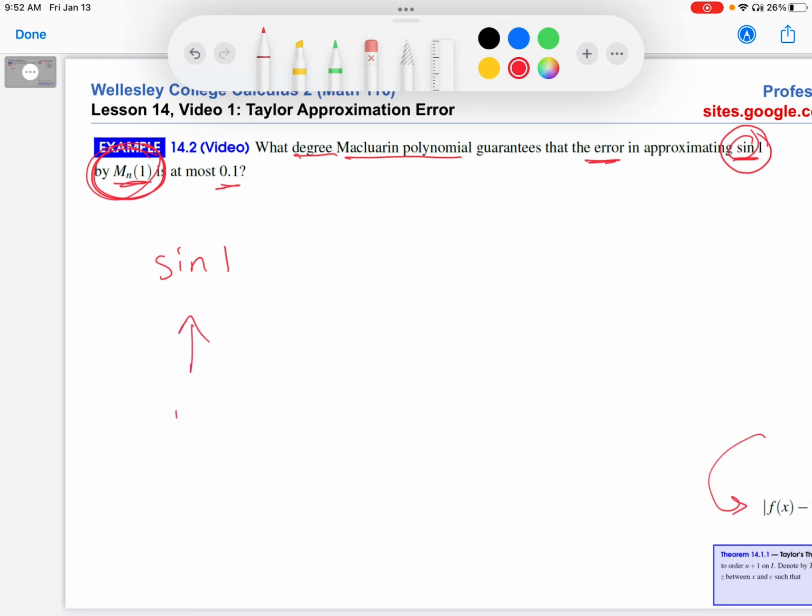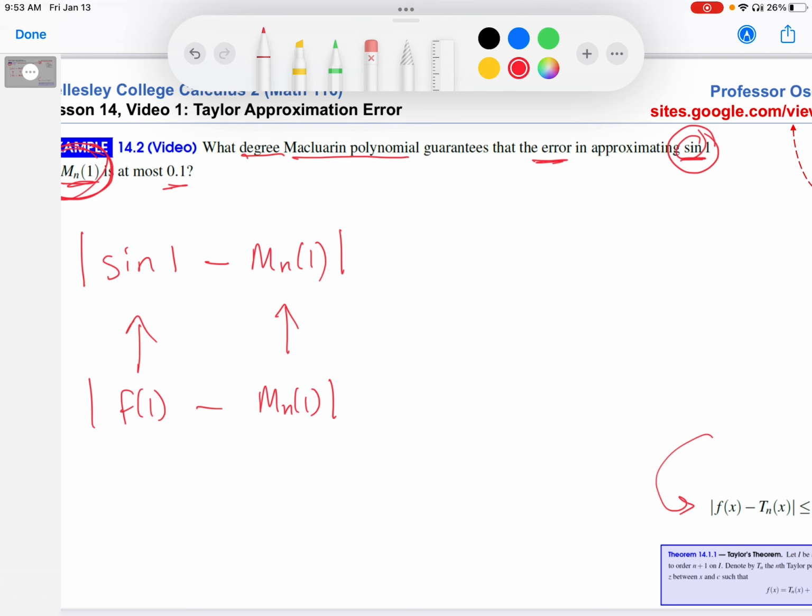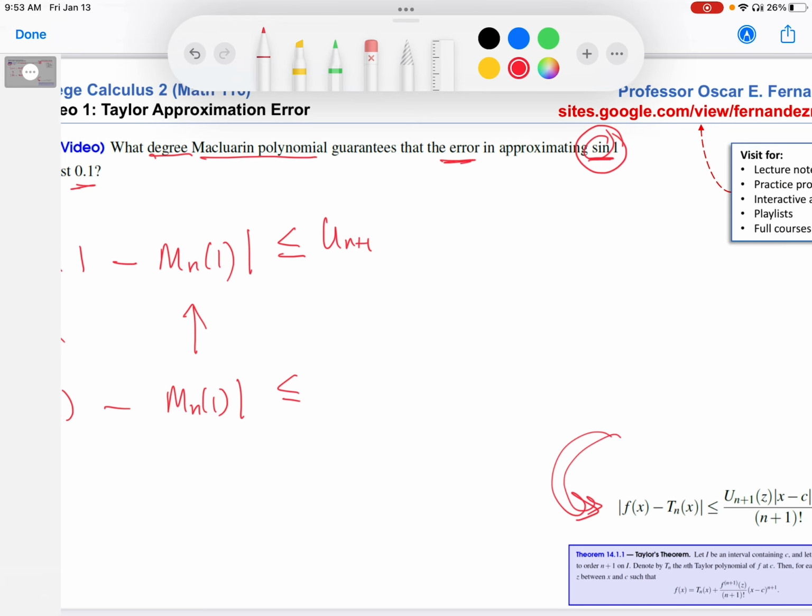So this is the f of 1. We're doing minus M_n of 1, right? We're going to take the absolute value because we don't really care if our approximation is an overestimate or an underestimate, positive or negative difference. Okay. And then going back to this inequality here, we're going to say this is less than or equal to U sub n plus 1, right?